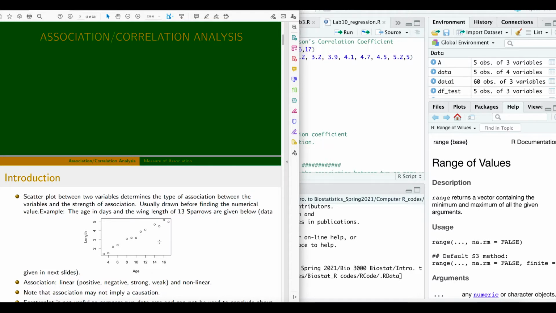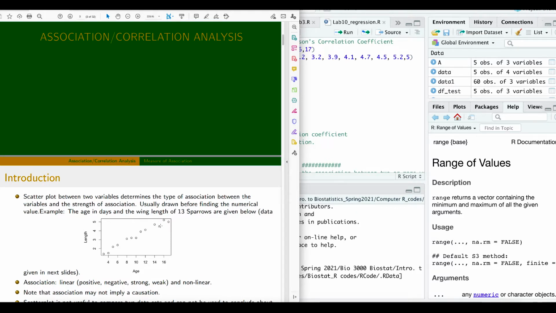The scatter plot also tells you the strength of the association, how strongly they are related. For example, if the data points are along a straight line, we say that they are linearly associated.